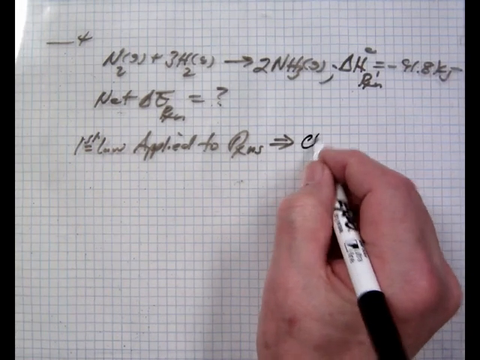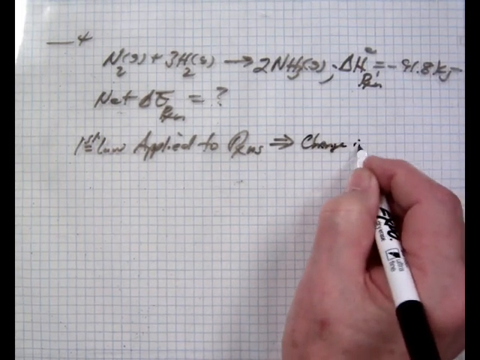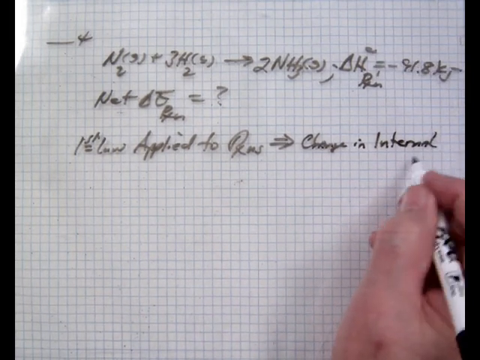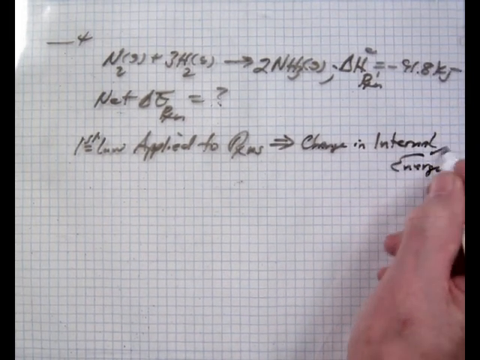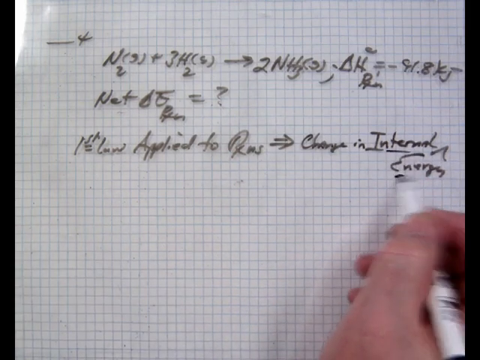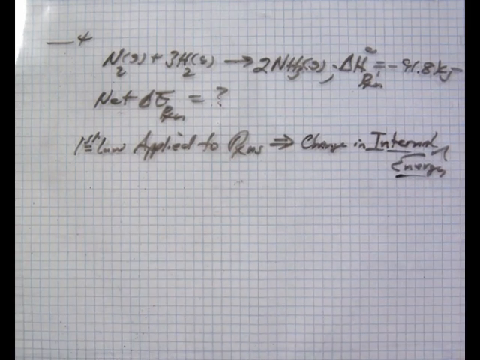This is a change in internal energy. Now, there are three kinds of energy in physics: kinetic, potential, then this, internal energy. Internal energy, as you recall from last lecture, hopefully, is energy due to its structure, chemical structure, and state of existence.